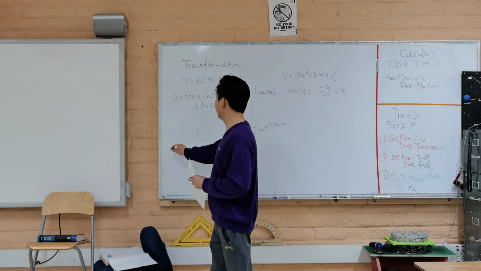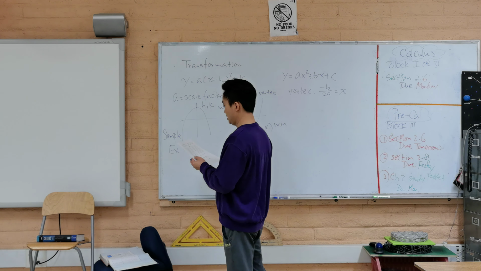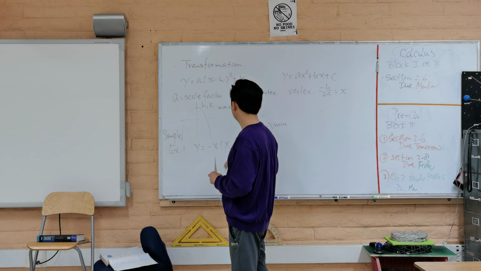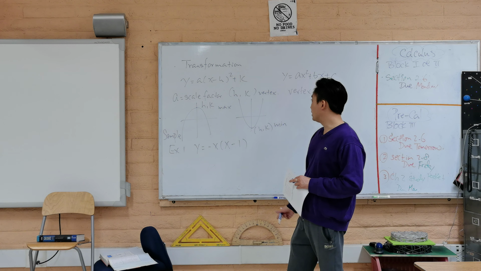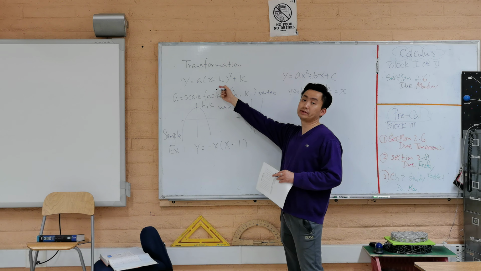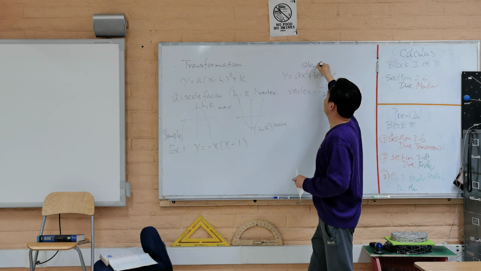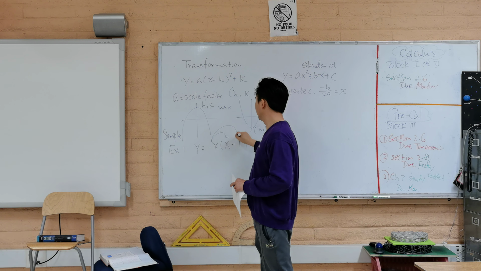Okay, so for the first one, again, this one is a simple problem for the test. So let's say we do have y equals negative x times the quantity x minus 1. Well, you might be wondering, this one is neither the vertex form nor the standard form. So in order to get back to the standard form, we need to distribute.